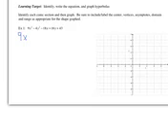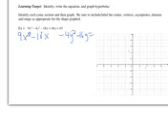So I have 9x squared minus 18x. And I have -4y squared minus 16y equals 43. So now I'm going to factor out a 9.